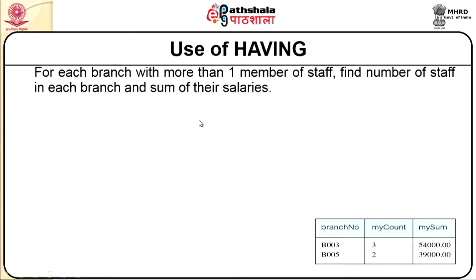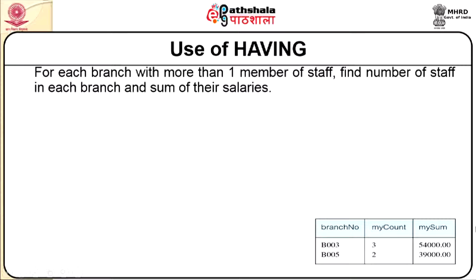This is just an example of the having clause. For a query of this format: for each branch with more than 1 member of staff, find the number of staff in each branch and the sum of their salaries. So concerning the previous query, anything which has more than 1 staff member, so it should be 2 and more, I want to find out the number of staff in each branch and their salaries.